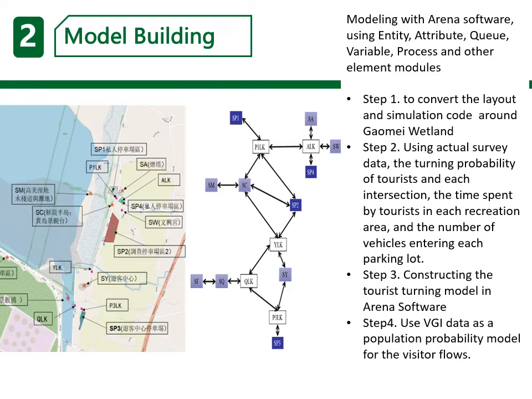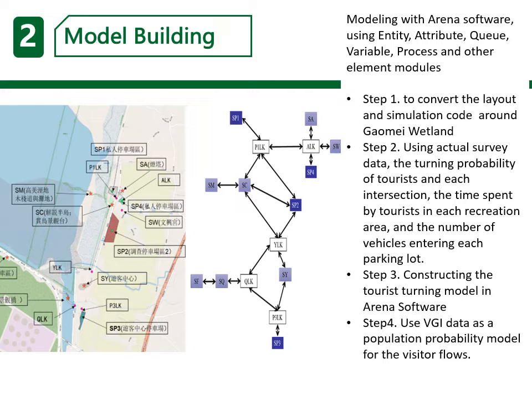In order to verify the tourist decentralization strategy, we set up a model and collected probability data from tourist turning points at each intersection, the time spent by tourists in each spot, and the number of vehicles entering each parking lot during weekends from July to August 2019.